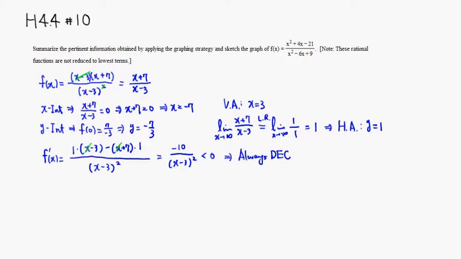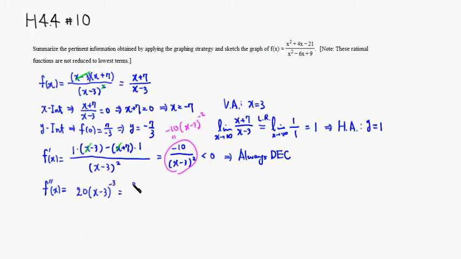Now we look at the second derivative. Take another derivative. We can rewrite f prime as negative 10 times quantity x minus 3 to the negative 2 power. The derivative would be, put negative 2 in front, so it's 20, then x minus 3, subtract 1 from the power, it's negative 3, multiplied by the derivative of that.